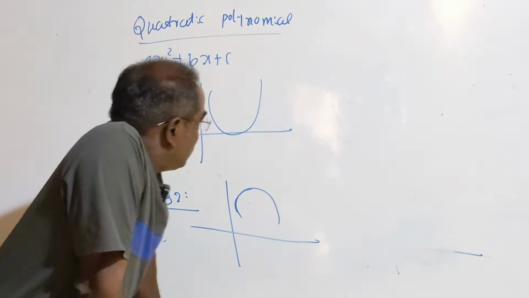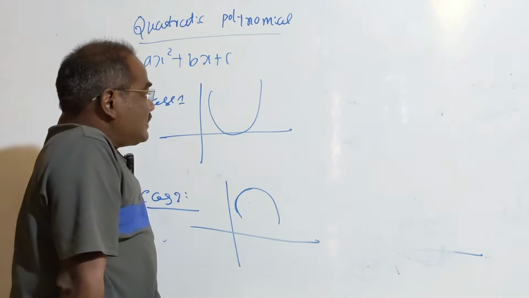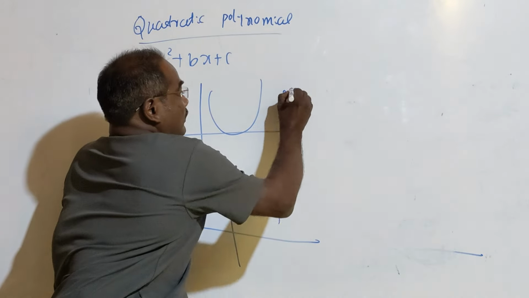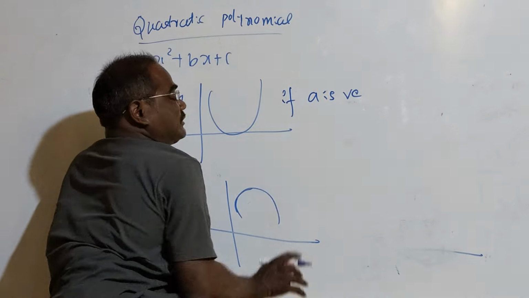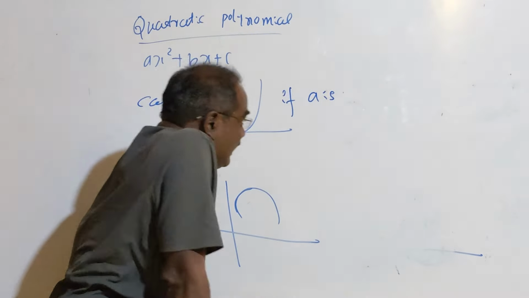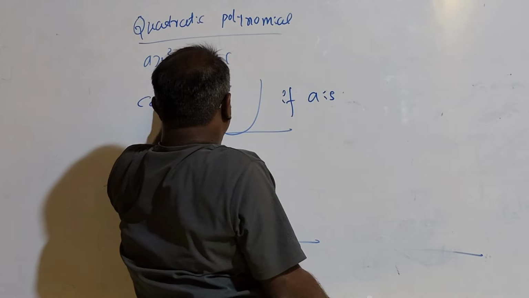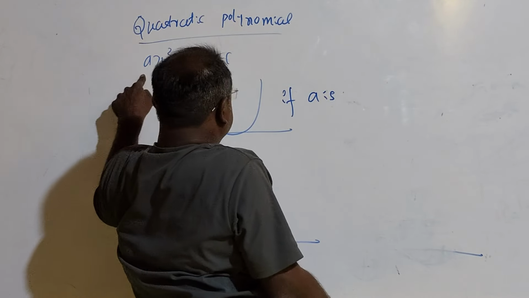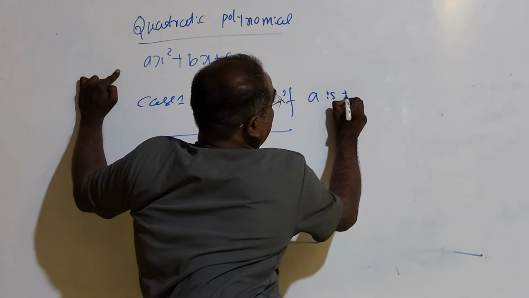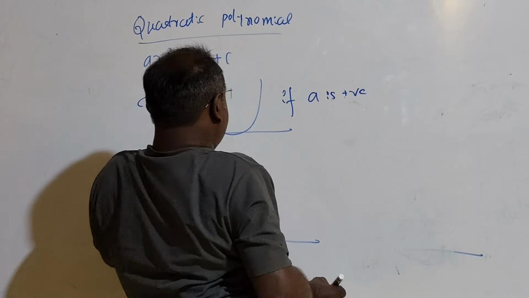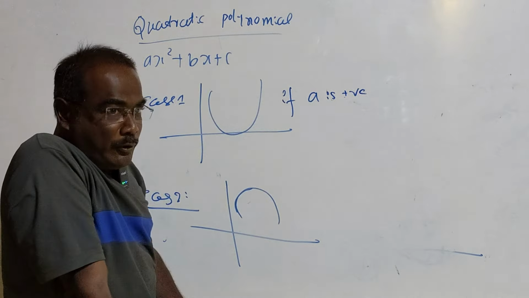If in the expression ax square plus bx plus c, the quadratic polynomial, a is positive, then the graph opens upward.